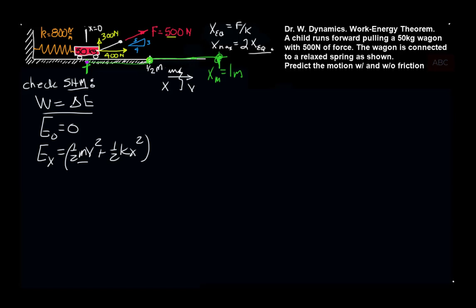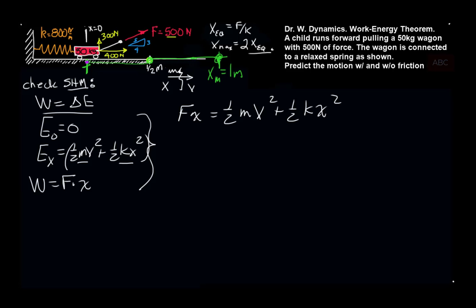We're still running with the wagon and we're still stretching the spring. And the work done would still be force times distance. We put all these together, we have Fx = 1/2 mv squared plus 1/2 kx squared.